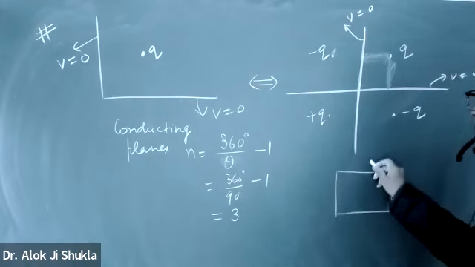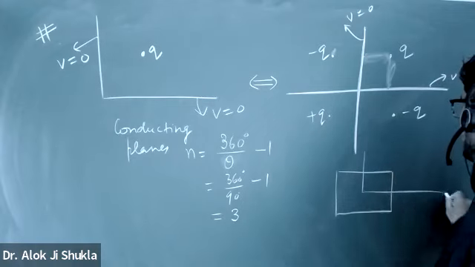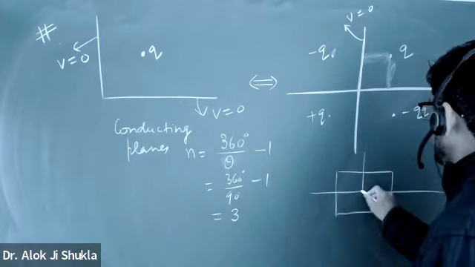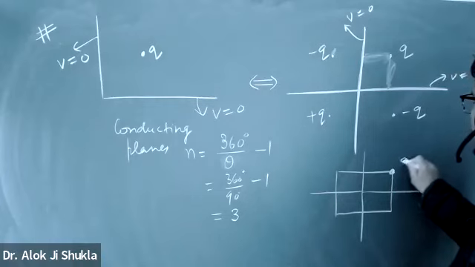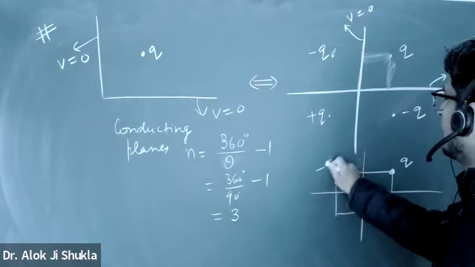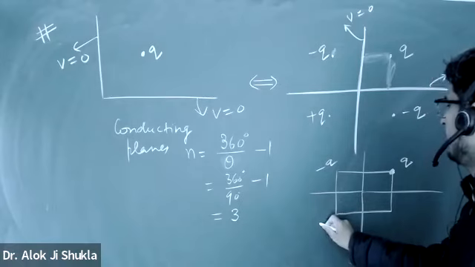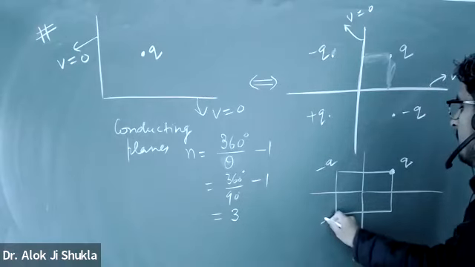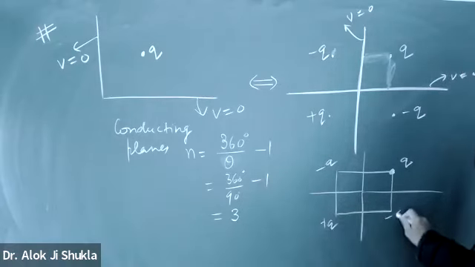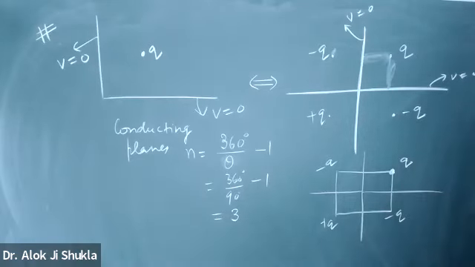You have this charge, you want to get force, and charges are kept like this: minus q, plus q, minus q. So you have done this type of problem, na?